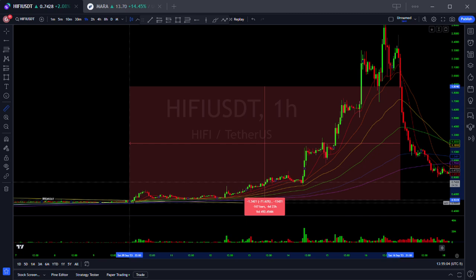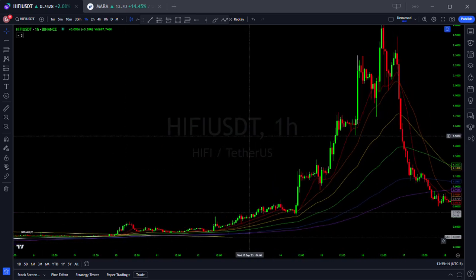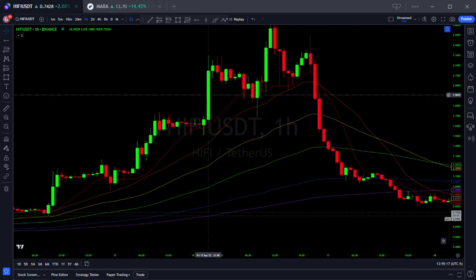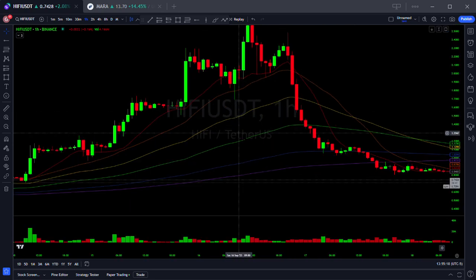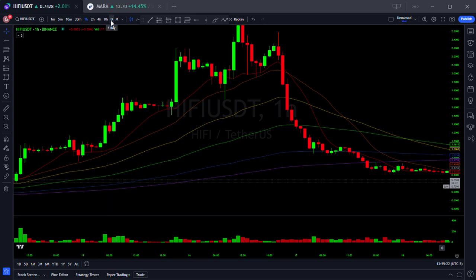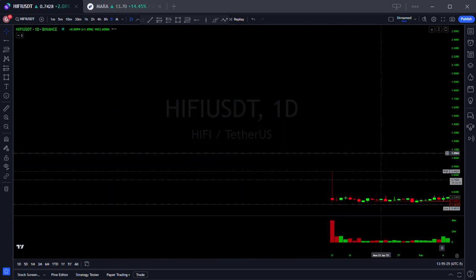So that's 71% down. And if you were to buy a whole bunch of these coins, dude, forget about it. I'm playing around with the millions of dollars, but you would have made a lot of money if you were able to catch this. So that's one of the setups.